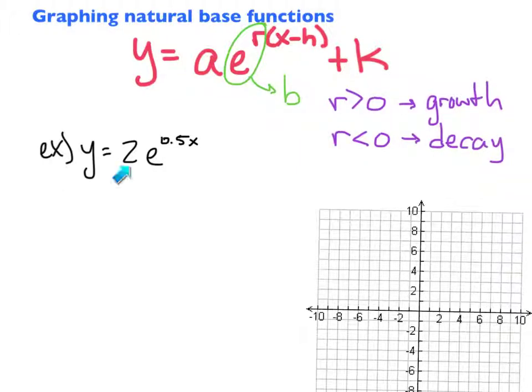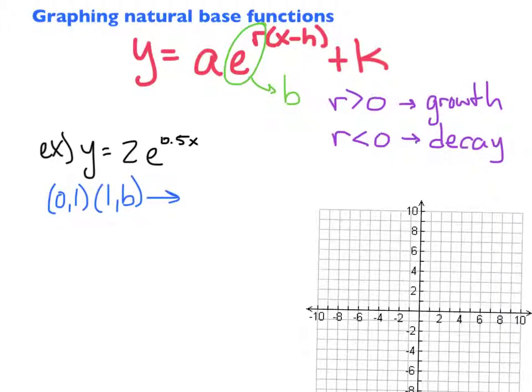Looking at this example, 2e to the 0.5x, will that be growth or decay? What's r in this case? r is 0.5. Is 0.5 greater than 0 or less than 0? It's greater, so this is going to be growth. We always start with the points 0, 1 and 1, b.